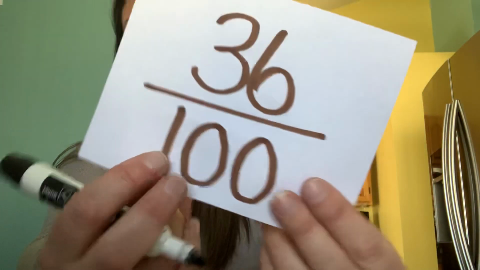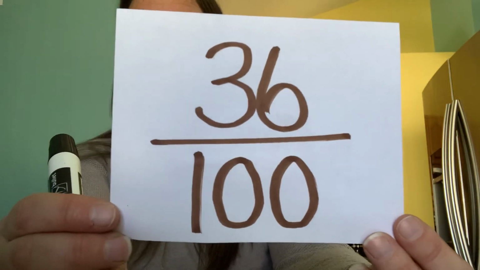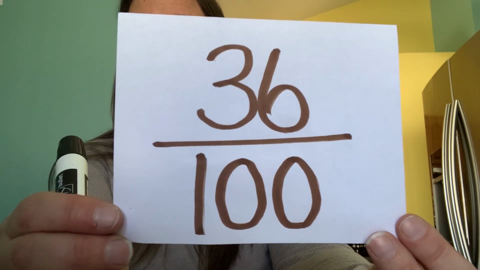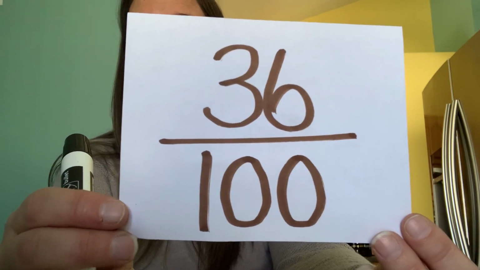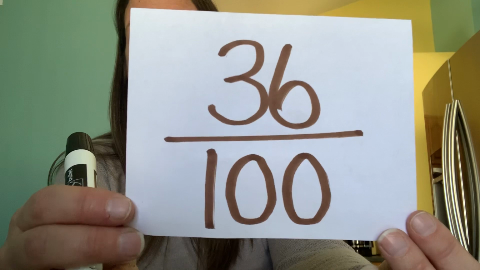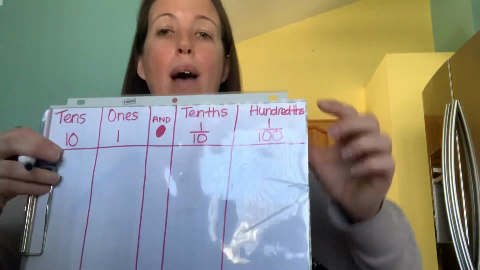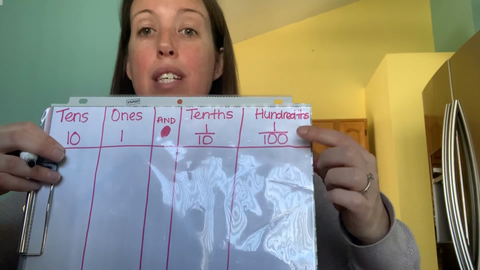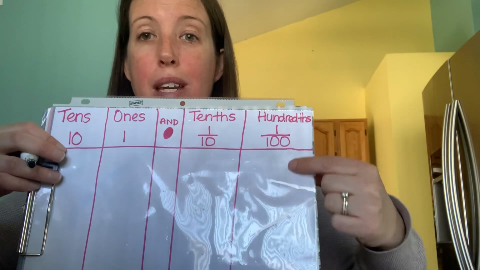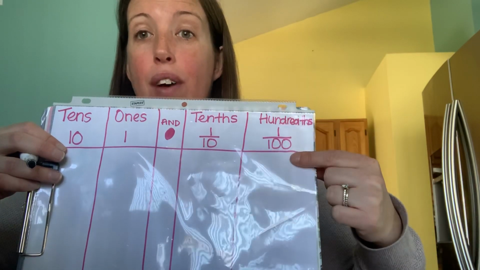Let's try this. Let's try reading it first. I see my numerator is 36, my denominator is 100. So I should be reading this fraction as 36 hundredths. So I'm going to come to my place value mat. I'm even going to kind of put my finger here. Since it's hundredths, I know my number has to end in this place value column.